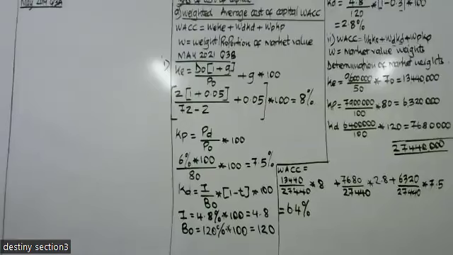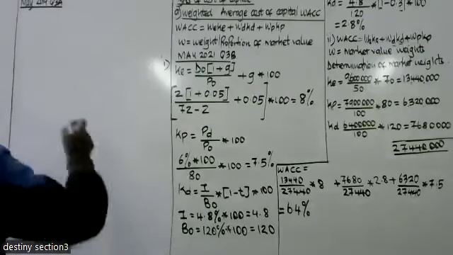They have said the cost of the debenture is 12.49. Then the weighted average cost of what?